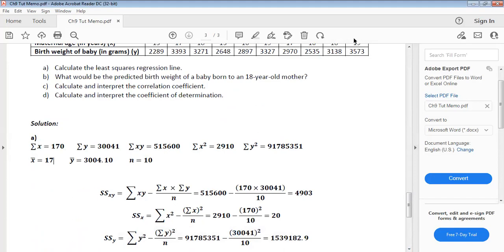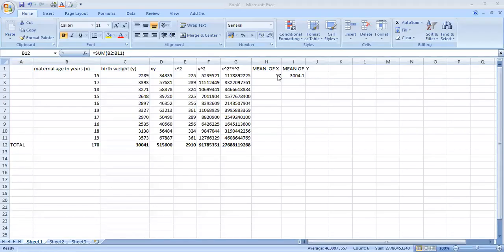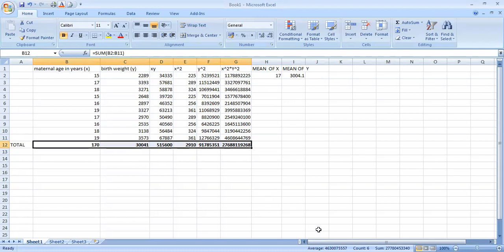We can check all these numbers. You'll find that they are here on our Excel. Remember our mean of X was 301. All these numbers, you see 551, 600, 29, 10. You'll find them there, right?